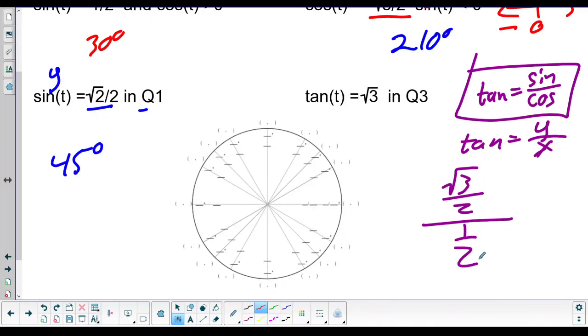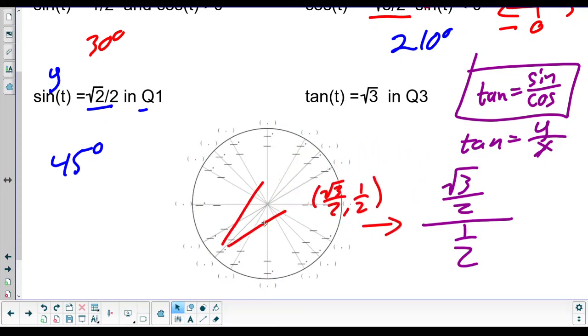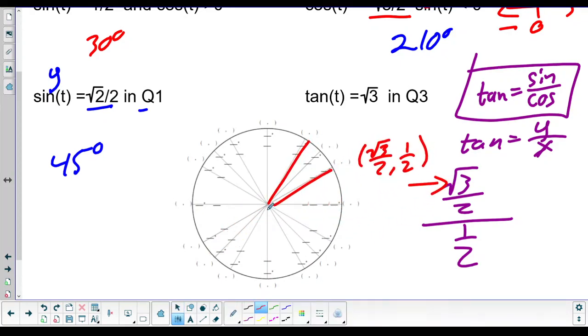If we reduce this fraction, because these are the only possibilities for x and y, right? All these ordered pairs are made of radical 3 over 2s and 1/2. So because we have a radical 3 over 2, it's got to be either this one or this one. Or rather, if we're in quadrant 3, it's going to be this one or this one.